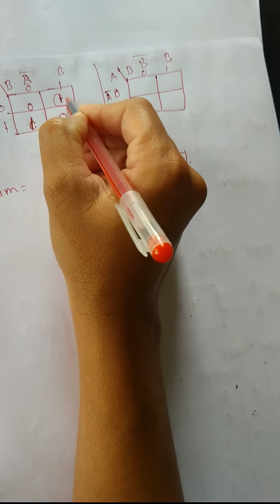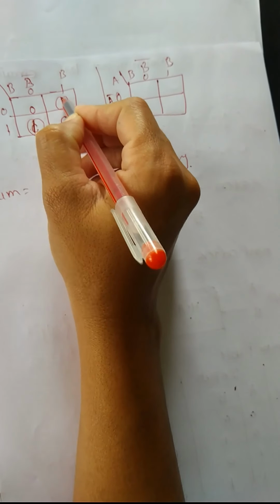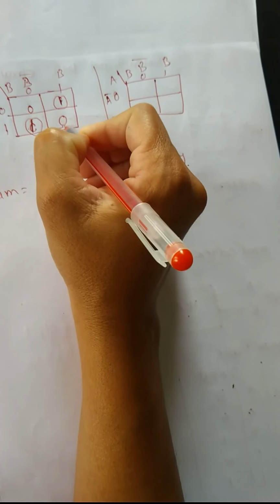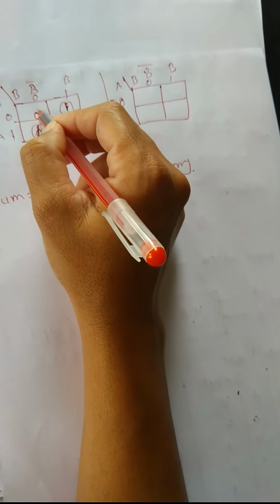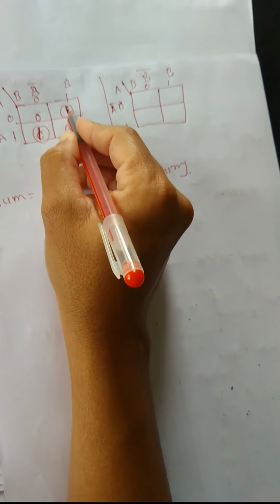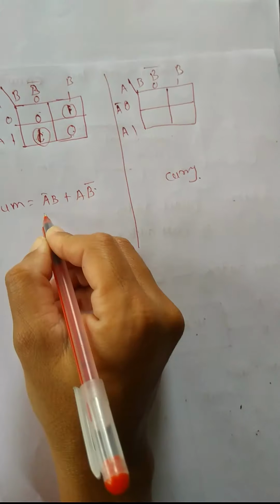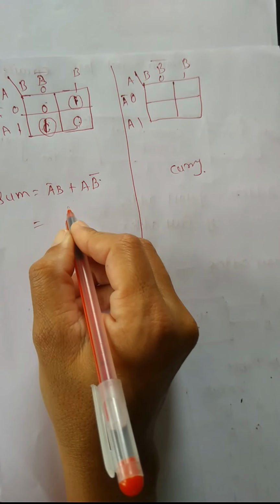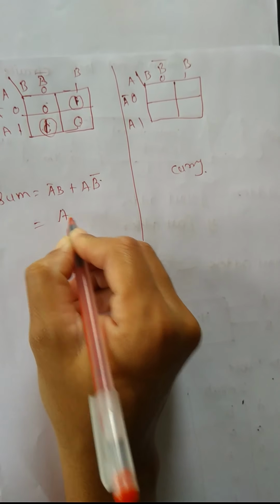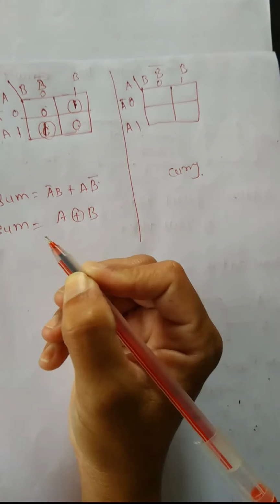For grouping, these ones are single and isolated, so no grouping is possible. Each is a single group. For this one the equation is A bar B, and for this one A B bar. This is the equation of the XOR gate. So this is A XOR B.